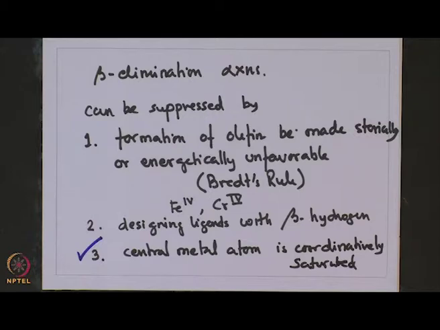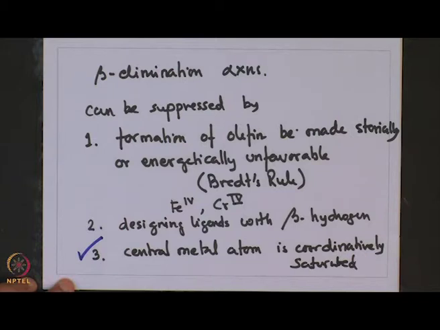It takes into account the fact that beta elimination proceeds via a transition state in which the central metal atom attacks the sigma bond of the carbon hydrogen bond placed at the beta position of the ligand, and thereby the metal undergoes an increase in coordination number. So, implementation of the strategy requires that the metal be coordinatively saturated. The metal, despite having a vacant d orbital to attack the CH sigma bond at the beta position, is unable to do so because of coordinative or steric saturation.